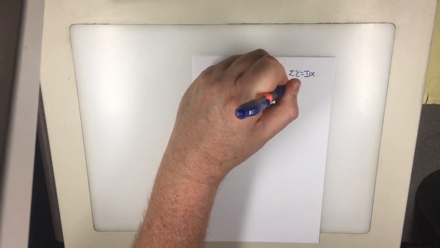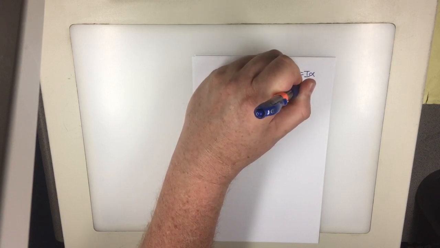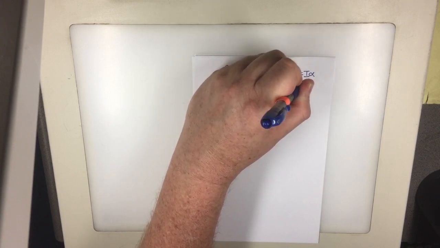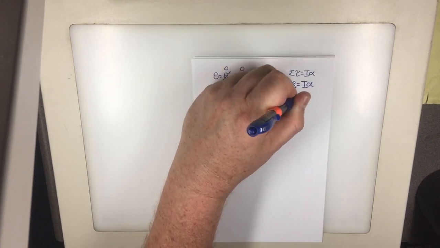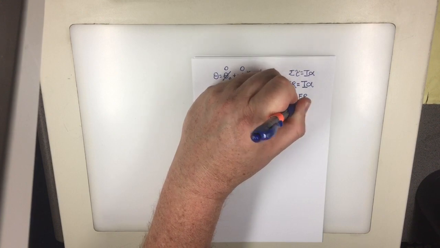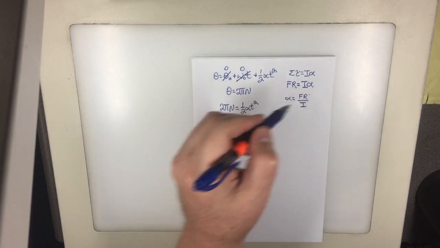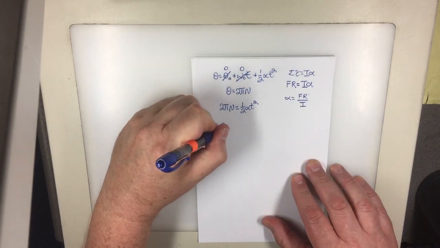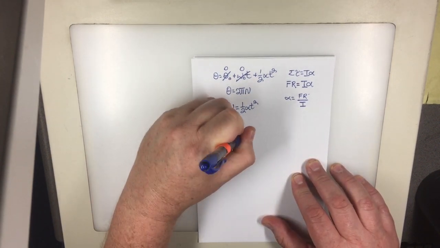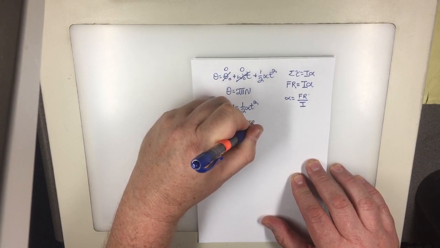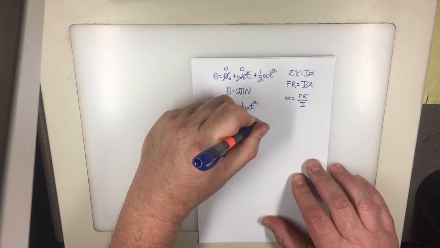So this is Fr equals I alpha, or alpha is Fr over I. Substituting that into here, 2 pi n is 1/2 Fr over I t squared.